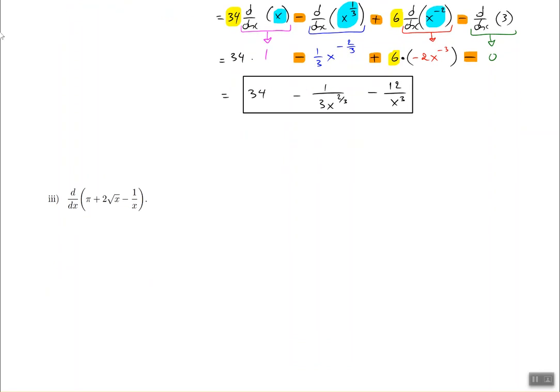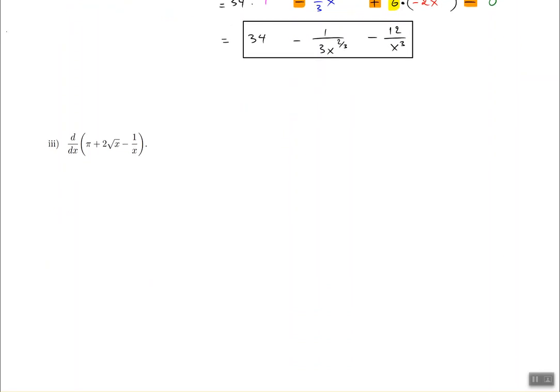So let me show you how we're going to be doing these things without writing all the steps down in the last part. So derivative with respect to x of pi plus 2 square root of x minus 1 over x. So first of all, what I'm going to do is rewrite all the x's with exponents that have numbers.